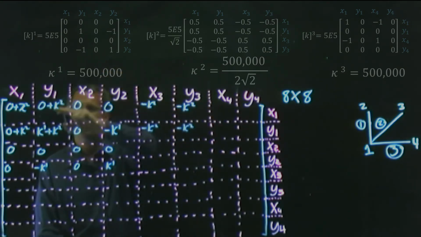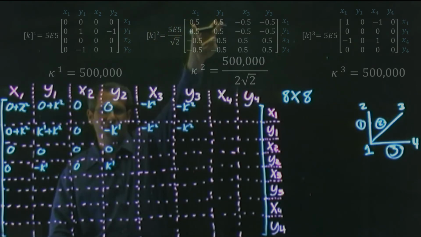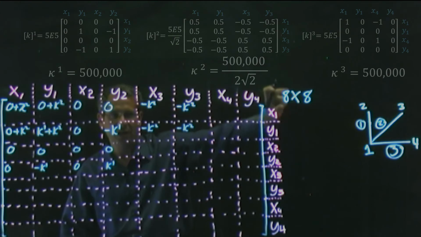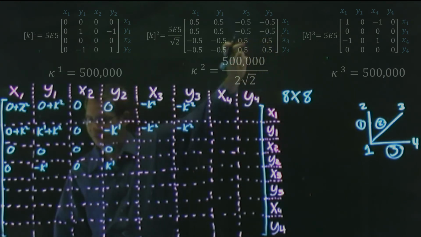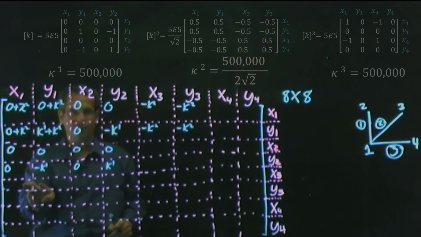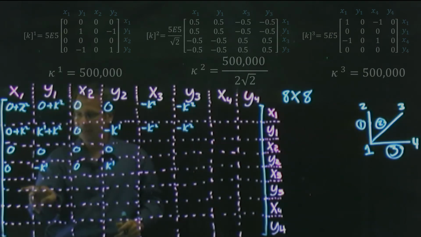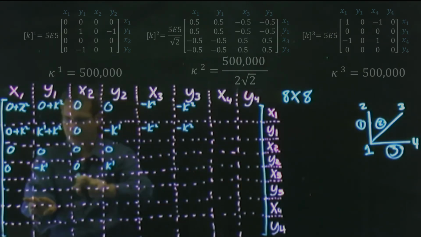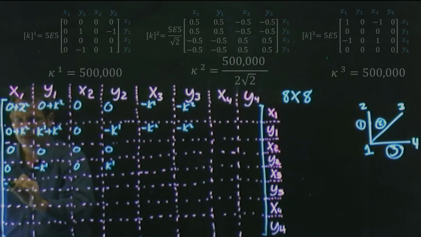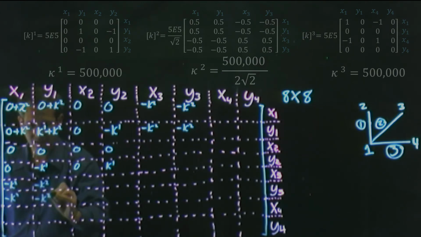Likewise, here on the first 2 columns, the x1 and the y1 columns, but the x3, y3 rows, I will also get negative kappa 2, negative kappa 2, negative kappa 2, negative kappa 2.